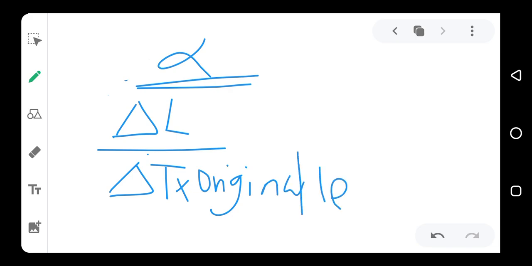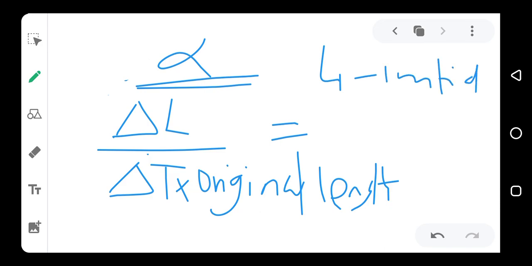Assuming we have L1 as the initial length of the object before you heat it, and you have L2 as the final length of the object, that is after heating it, the length of the object increases to L2, final.